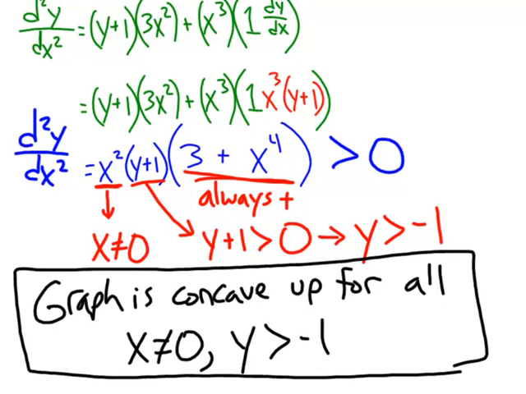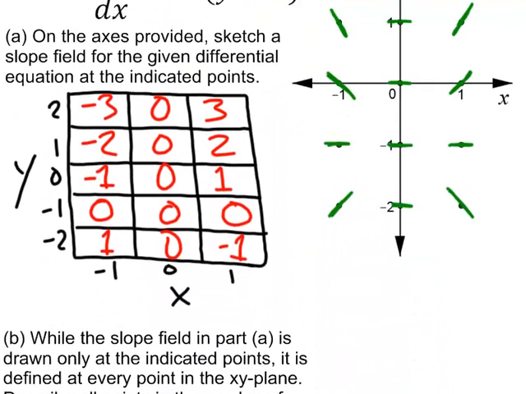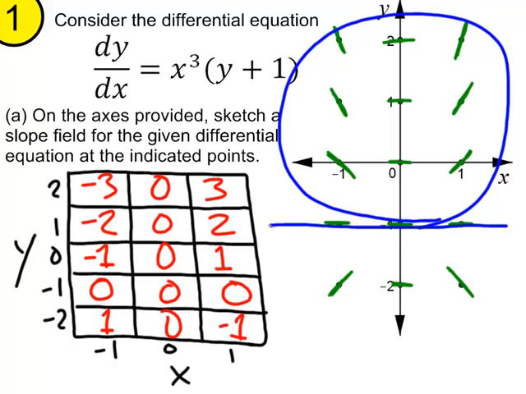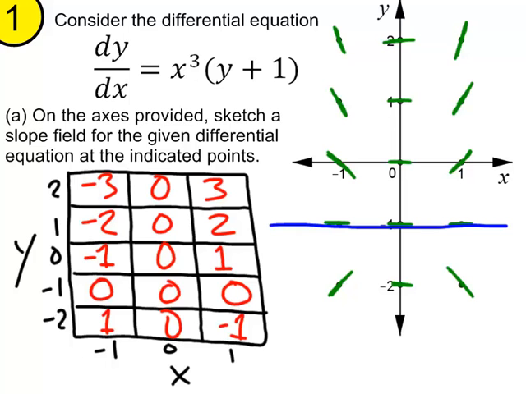So let's connect that with what we did in part A. Here's the line y equals -1, and again, all the points above it, other than where x equals 0, it does appear that we have a bunch of smiling portions of the graph. We do get the sense that this graph is going to be smiling, concave up, concave up, concave up.